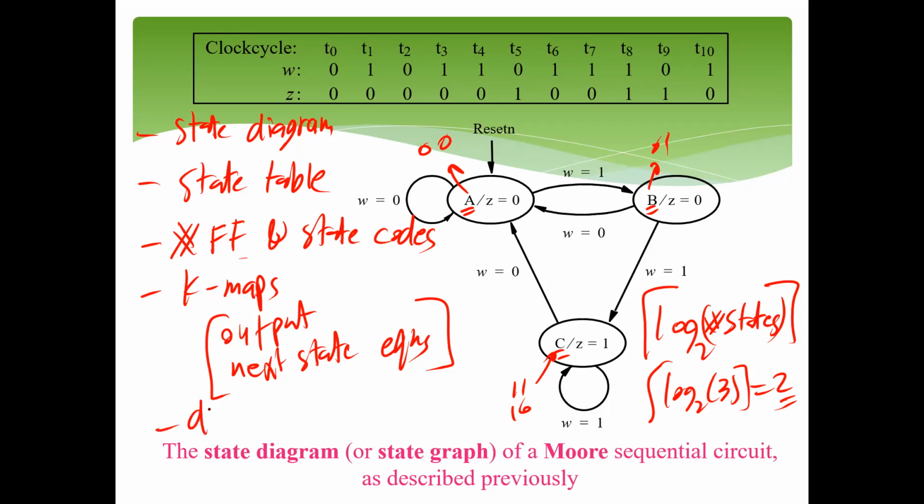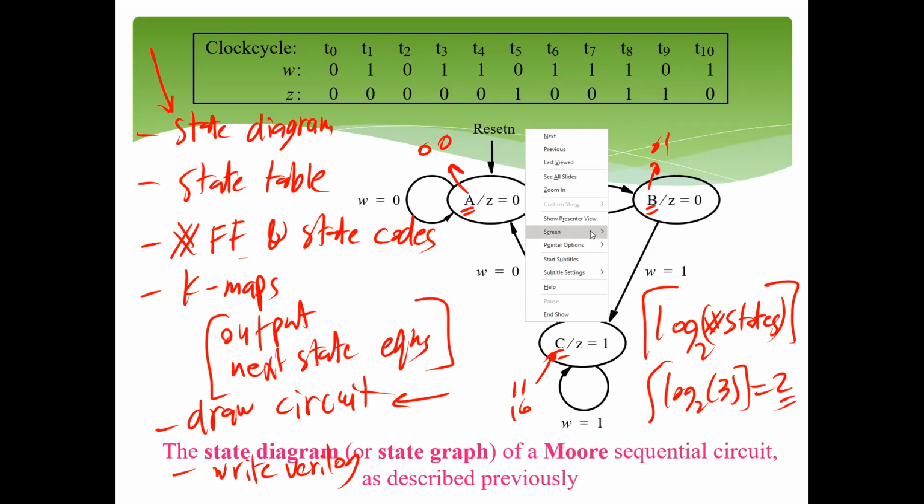And then draw the circuit. Here is where we stopped at 211. Now there will be one extra step, which is write the Verilog code to model the circuit. Okay, so these are the general steps for designing any state machine, any finite state machine.